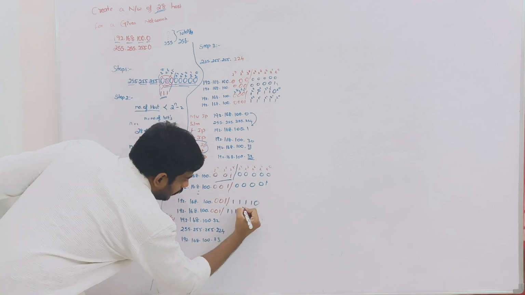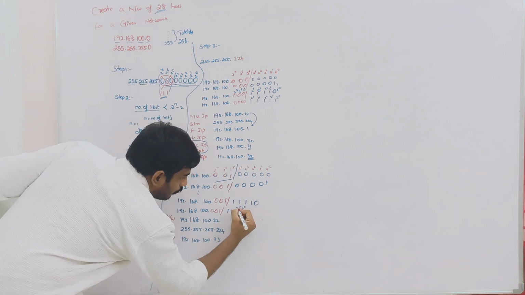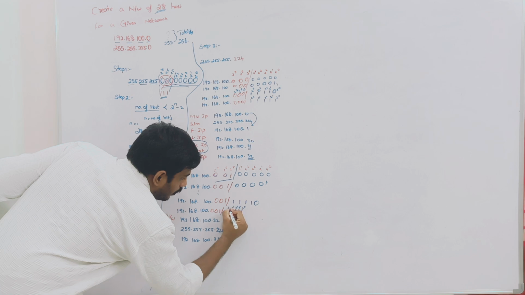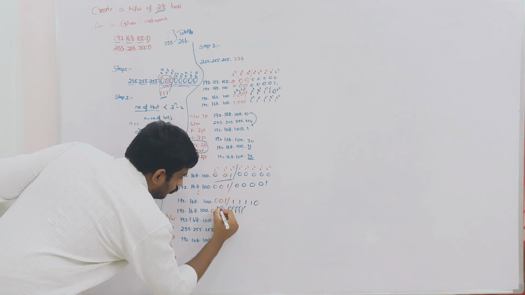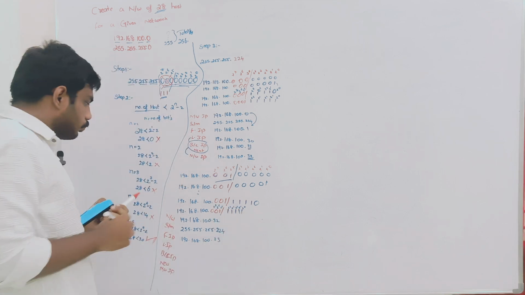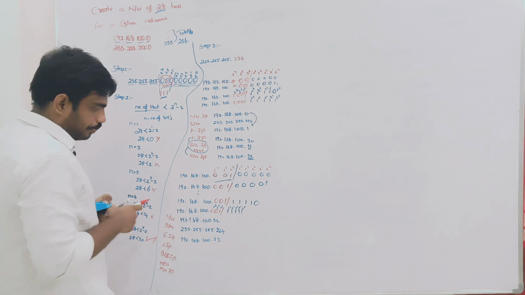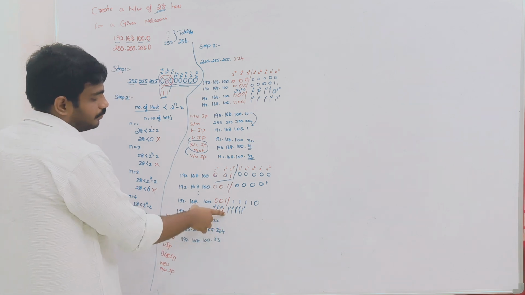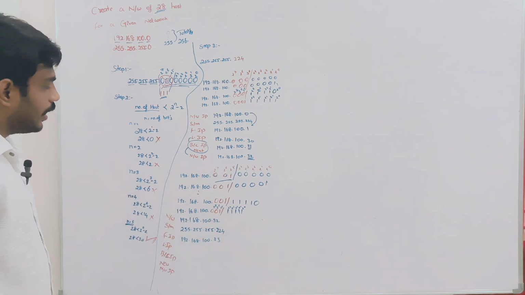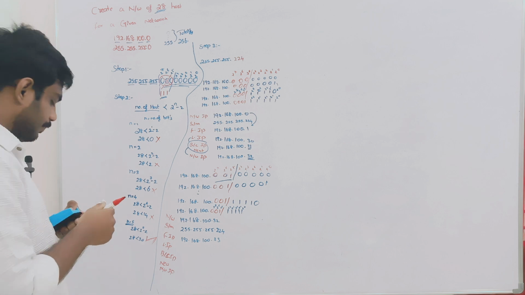You simply take 2 power 0, 2 power 1, 2 power 2, 2 power 3, 2 power 4, 2 power 5, 2 power 6, 2 power 7, multiply the corresponding binary bits with the power of 2 and then add, and you will get the broadcast IP.